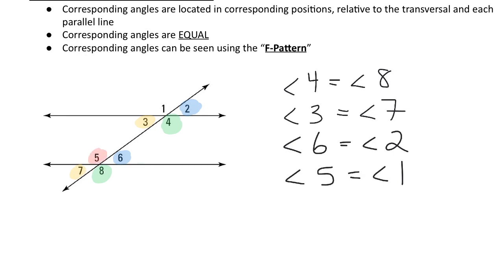And angle number 5 matches up to angle number 1. So you can kind of see it's kind of like an every other type of situation. So for example, if you're focusing on number 2, you would skip the angle directly beside it, and the matching angle would be angle number 6. So there is kind of a visible pattern that you can see here.